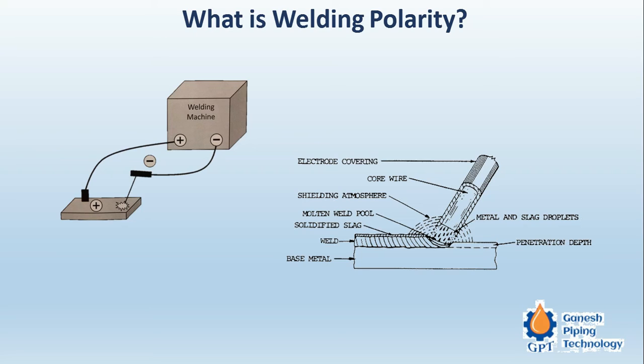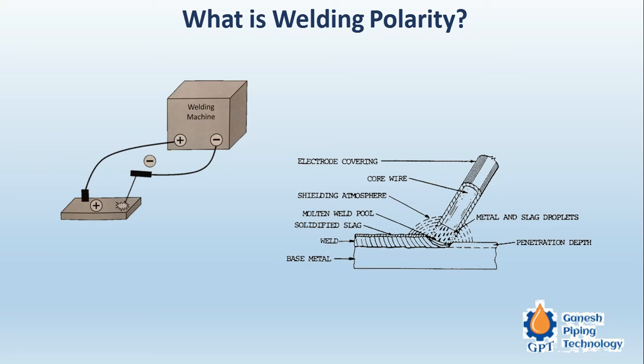So for that we have to understand the concept of polarity. Here we can see that this is the negative pole, and this is the positive pole of the welding machine. Please remember that welding requires a DC current. So best quality welding is basically done by a DC machine.